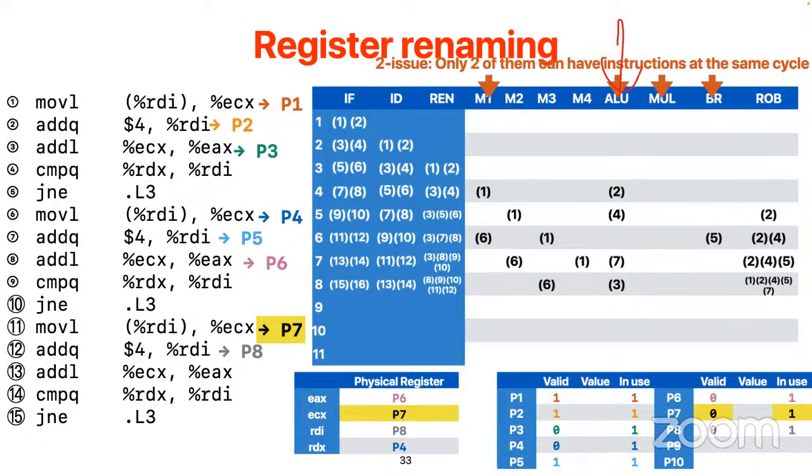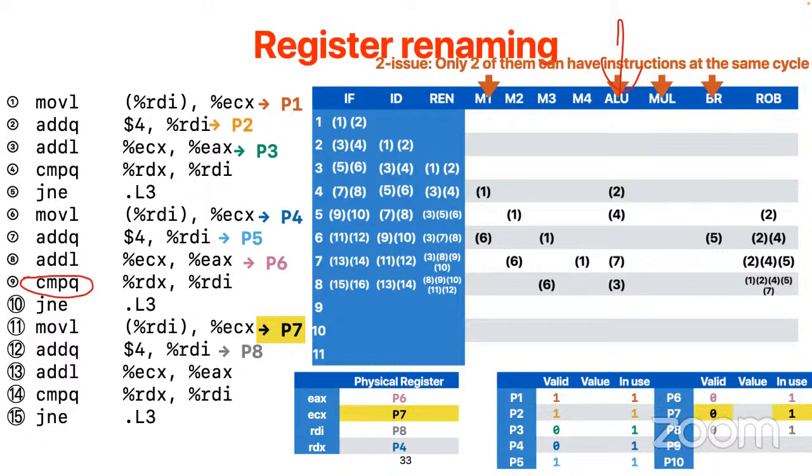There is actually a structural hazard here because we only have one ALU. 3 is using comparison logic, which is supposed to be ALU as well, because comparison is basically subtraction, and the most significant bit is used as the flag. That's the real implementation. Well, nobody actually does that.